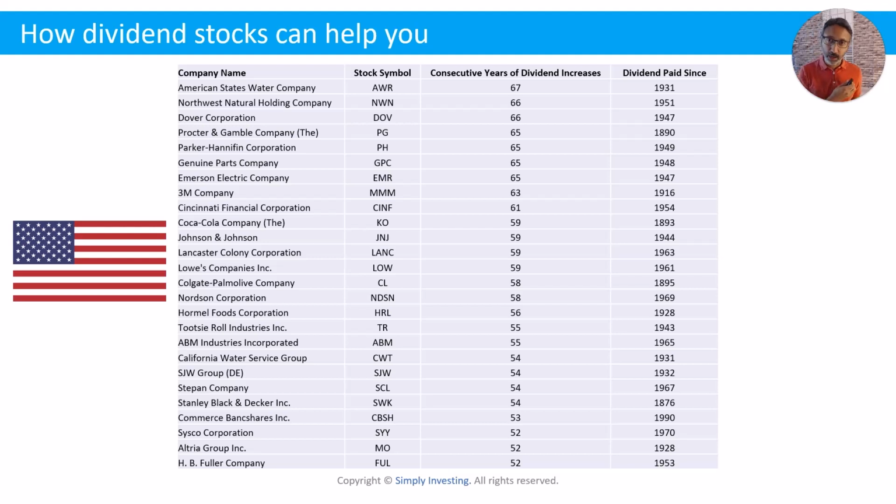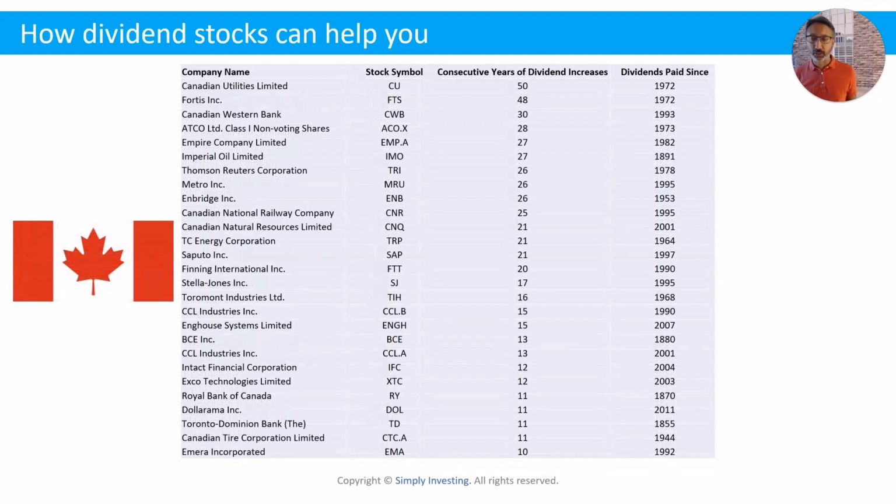So we can't predict the future. We don't know what's going to happen in the future. However, we can look at a list like this and have a high degree of confidence that companies like these will continue to pay us a dividend and continue to increase the dividend in the future. There's a similar list for companies in Canada, for those of you that are interested. And we have companies here on the list as well that have been paying dividends since the 1800s. The Royal Bank of Canada since 1870.